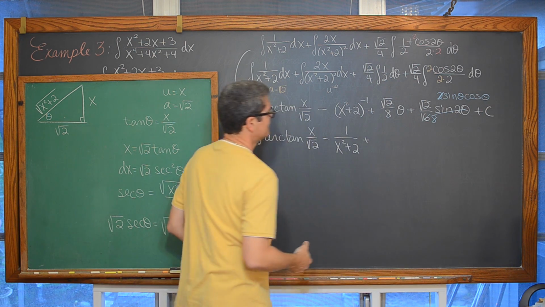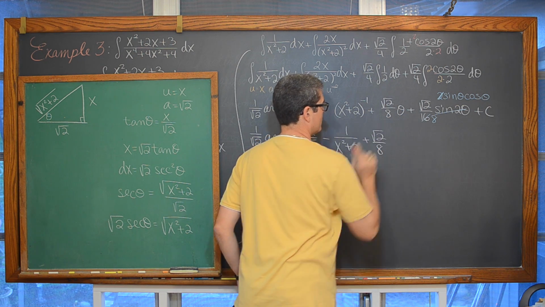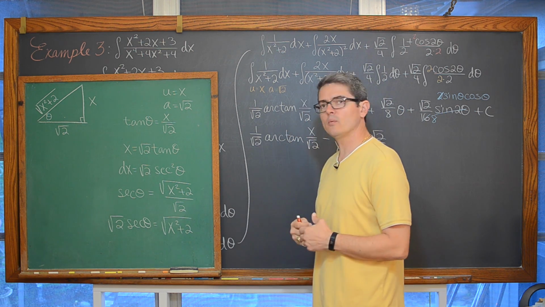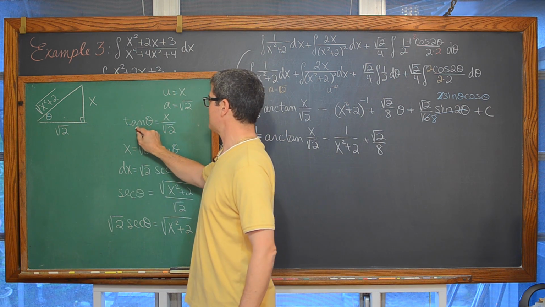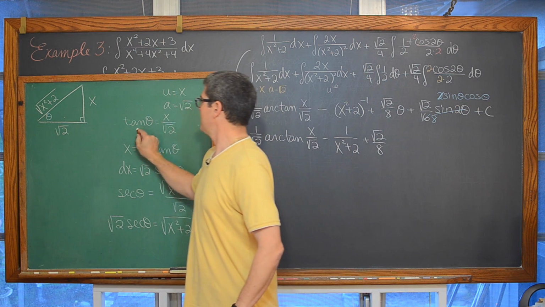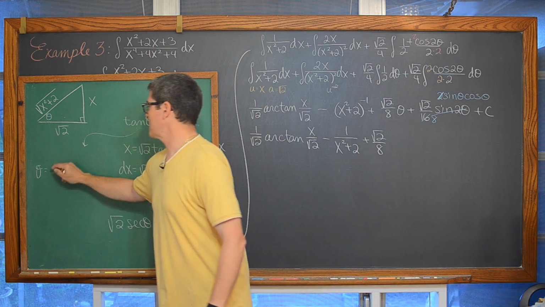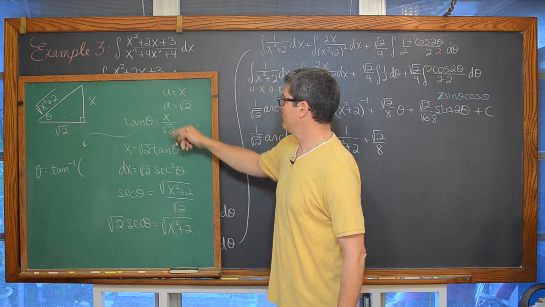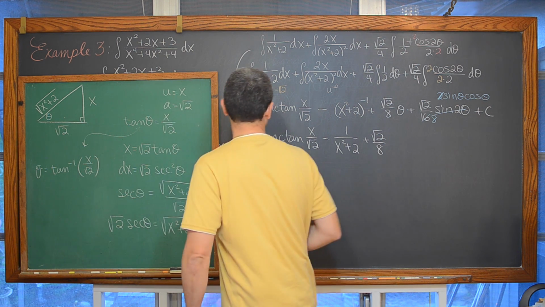All right, we have square root of 2 over 8. We need a replacement for theta, and we don't have one of those yet. But here we can say, well, if the tangent of theta is equal to x over the square root of 2, then theta is going to be equal to the inverse tangent, or arctangent, of x over the square root of 2.